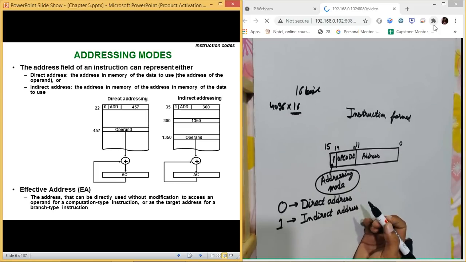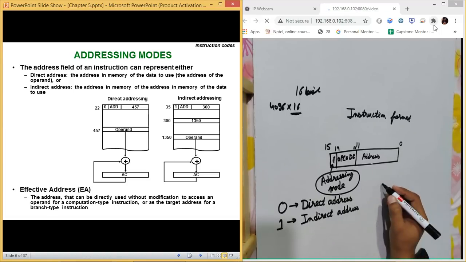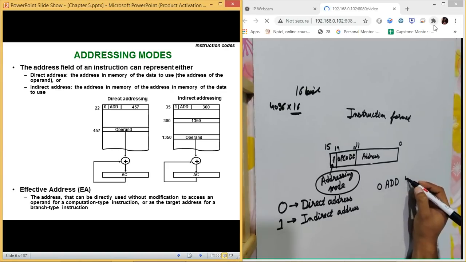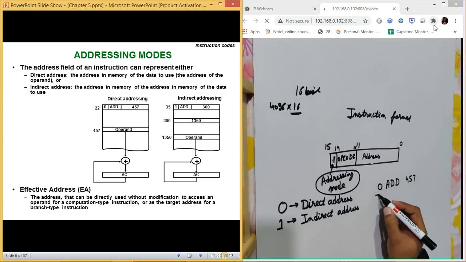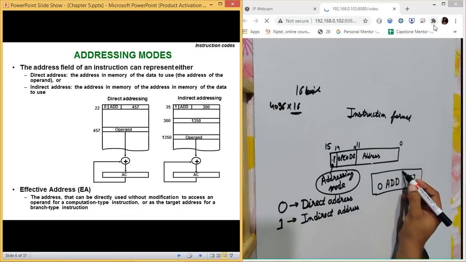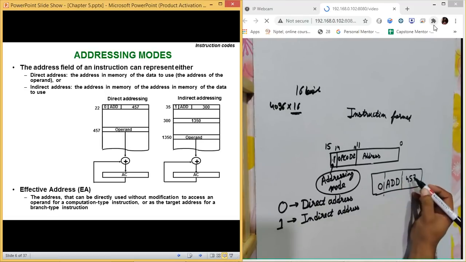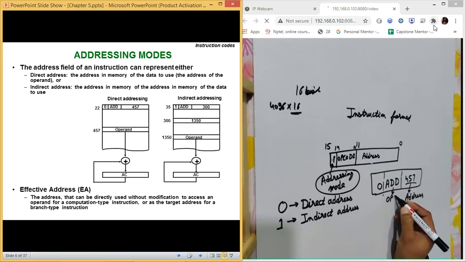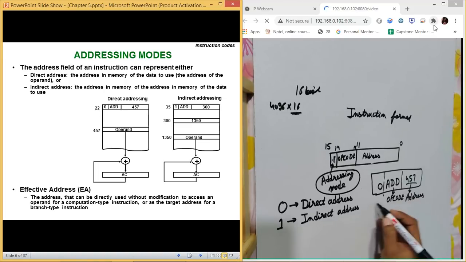Now let us take the example given in your slide. What they have mentioned is 0, ADD, 457. If I want to put it inside the instruction format, this part is the address, this part is the opcode, and this part is the addressing mode.